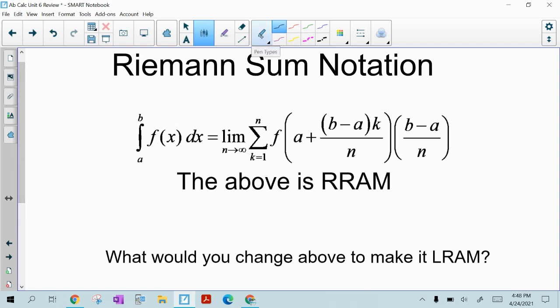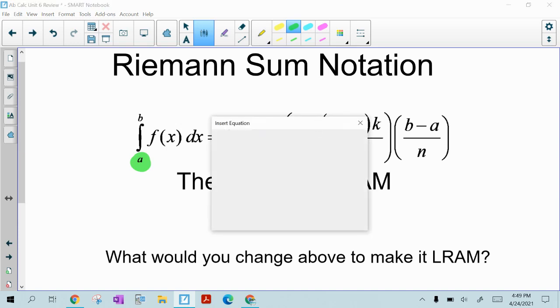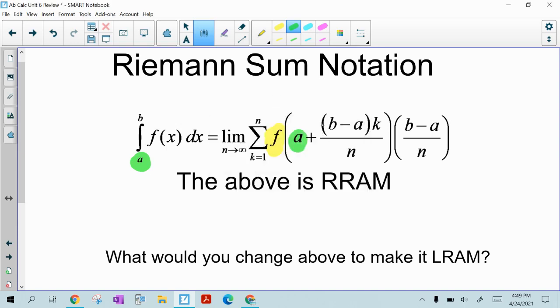Now, what I want you to do is, please note, here's my f of expression. It's saying that I'm starting at A, which is here. There's my starting spot, and I'm hoping people are okay with that. But notice it doesn't actually start at A. It starts at A plus all of this stuff in here.